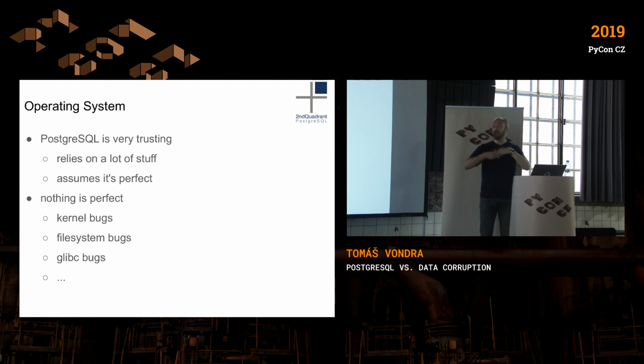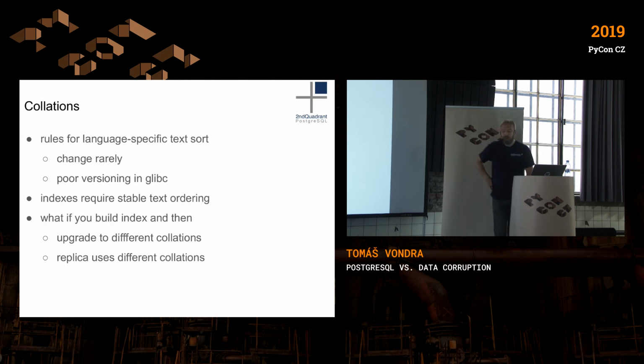So whenever Postgres writes stuff into the data files, it will just hand it over to the operating system and say, well, write it out. And it assumes that this works fine. But nothing is perfect. There are kernel bugs, there are file system bugs, there are glibc bugs, or things you could see as bugs. So one of the examples of software level issues in Postgres is collations.